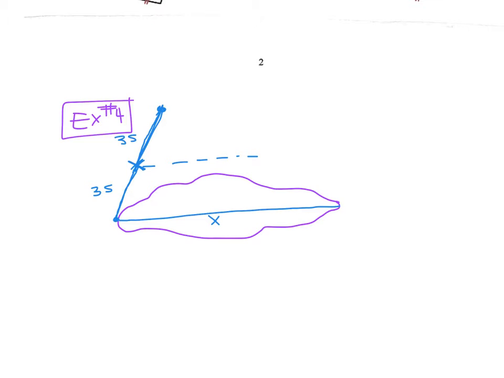Okay, where do you think we'd go next? The other side, right? I'm going to walk this distance to the other point here. Why can't I stop in the middle right now? We don't know how far it is, so we don't know where the middle is, right?